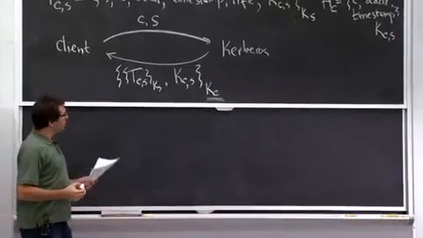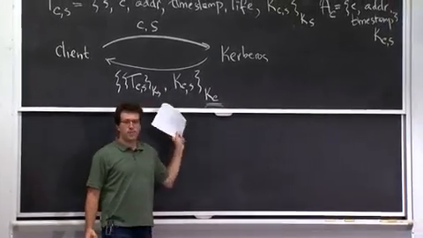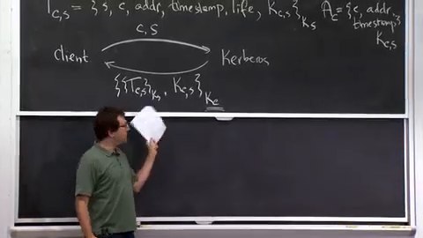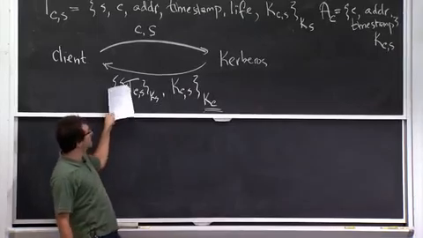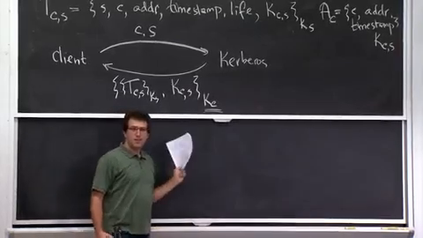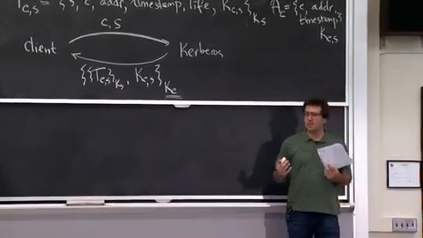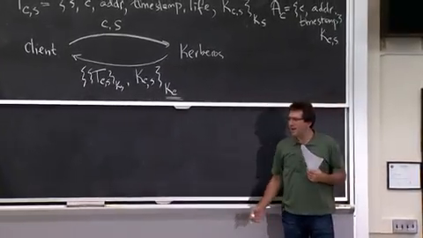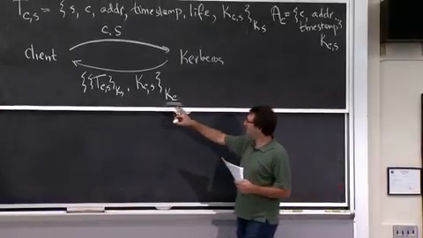So another interesting question is, why is this key KCS included twice in the ticket in some form, right? So it's included once here, and another time actually sort of implicitly in this ticket T. Why do we have two copies of the same key KCS? Yeah? The client can't decrypt that ticket because it's encrypted with the service key. Yeah, so it's actually kind of cute, right?